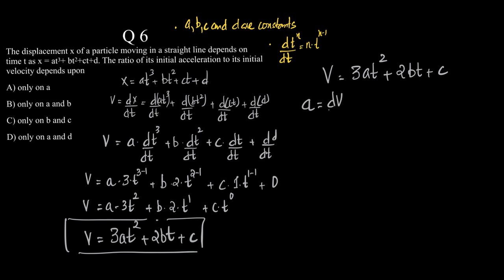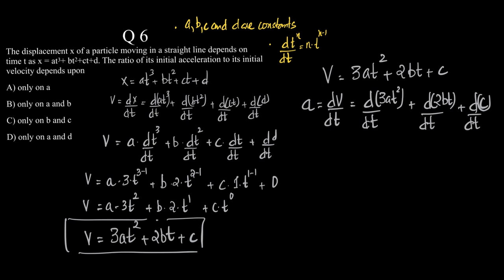Now what is a equal to? Acceleration is rate of change of velocity, which is d by dt of v, which is further equal to d by dt of 3at square plus d by dt of 2bt plus d by dt of c.